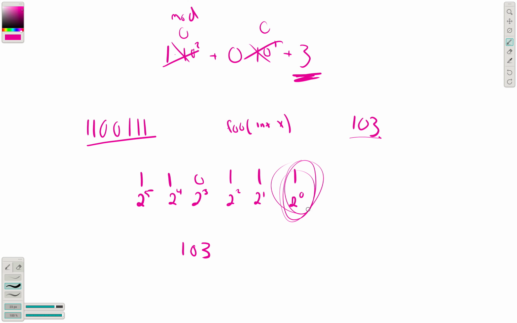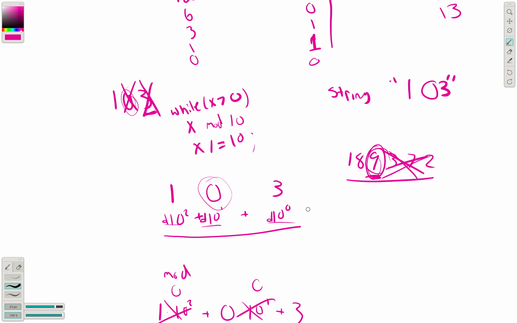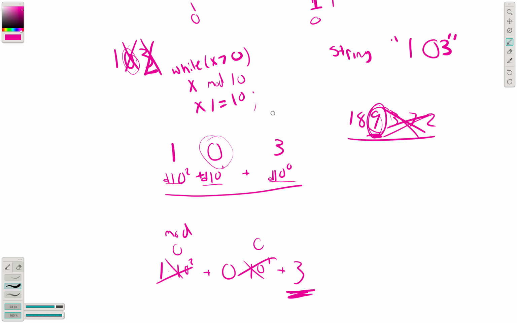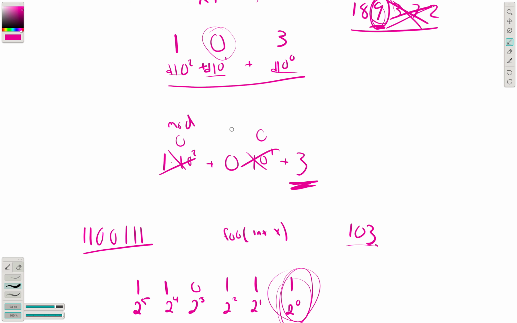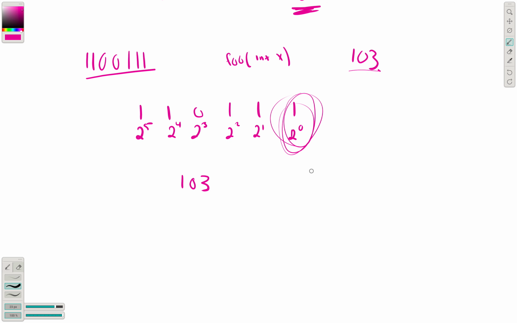Remember, over here, getting the first digit in the decimal system was very easy. All we did was mod 10 it. How could we do that? Well, all of these are multiples of 10 except for this one. So all of those turn to 0 except for that one. Very similar thing here too. If we can mod 10 it to this number, remember 103 does equal this. 103 equals this. There's no two ways about that.